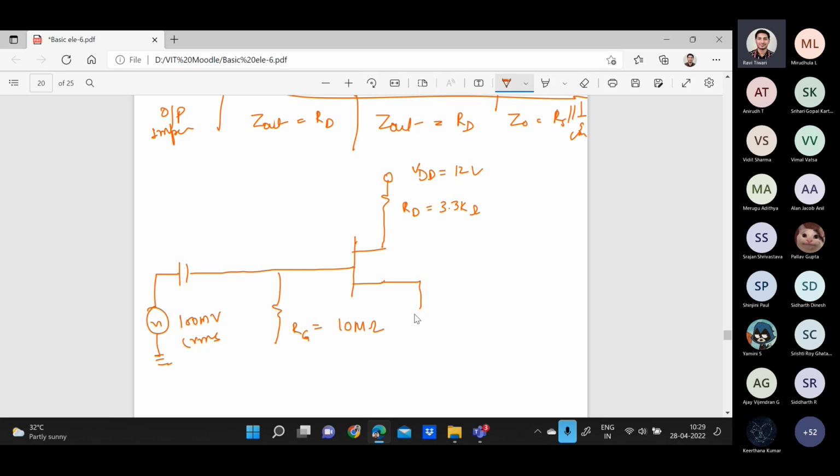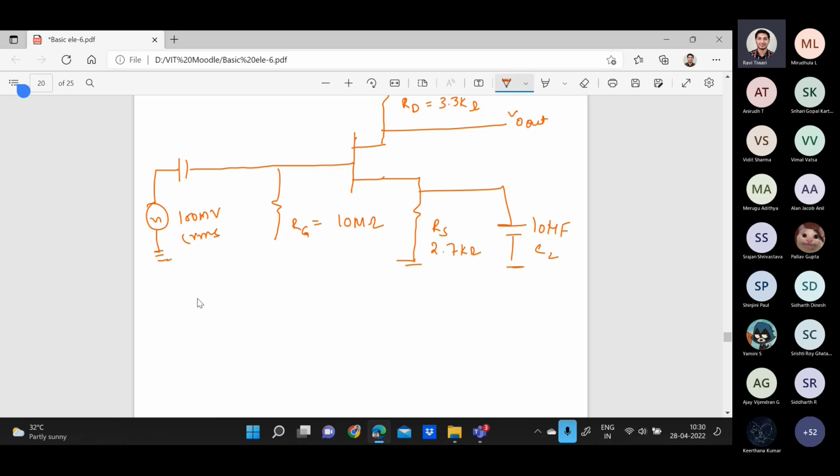This is one RS resistance which is 2.7 kilo ohms, and one capacitor of 10 microfarad, this is C2. From here you are taking the output Vout. The question is, find the RMS output voltage.